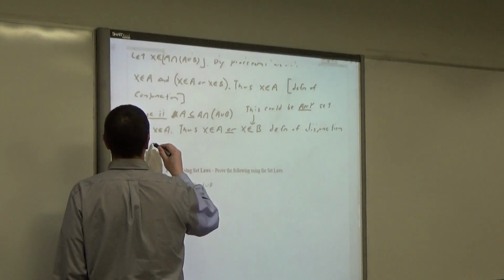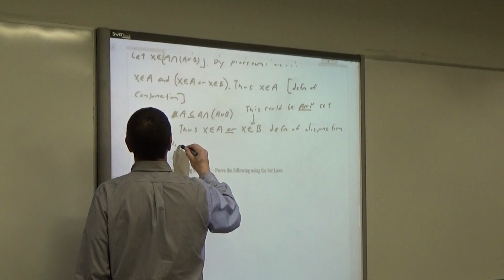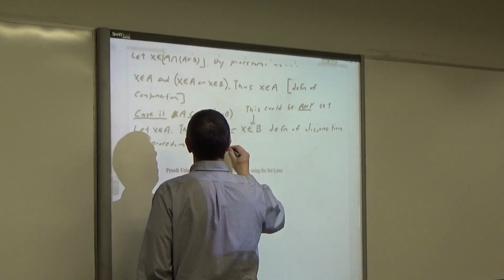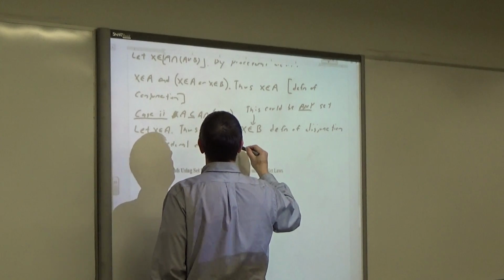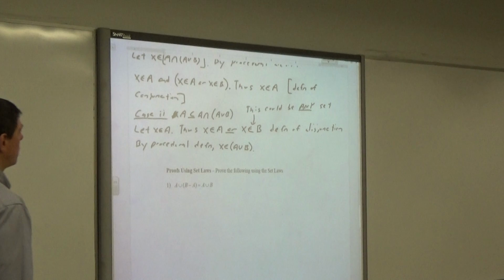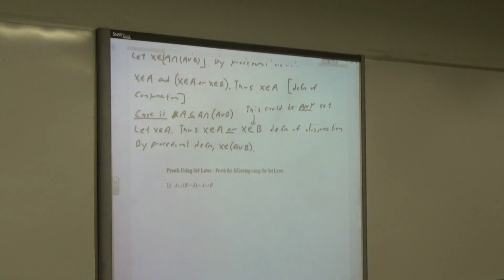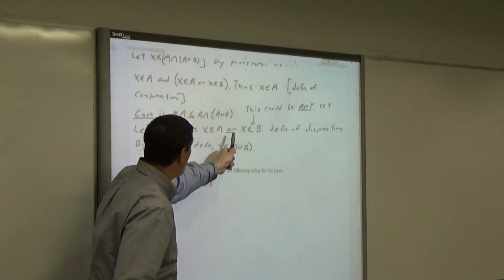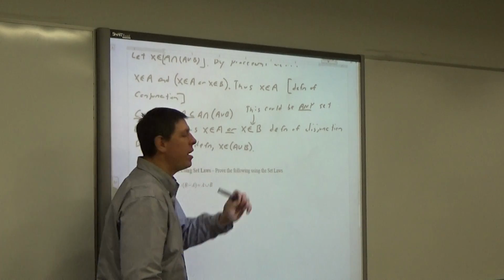So by procedural definition, X is an element of A union B. And guys, isn't it clear that X is an element of A, and also at the same time, X is an element of A or B?